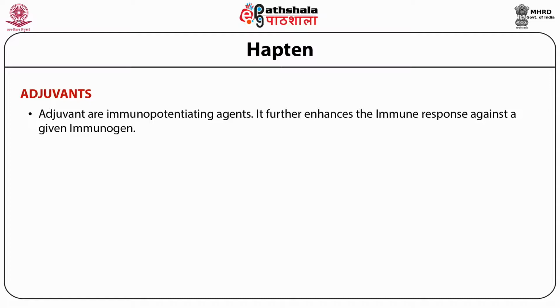Mostly the adjuvants act by 2 or 3 mechanisms. They act as immunopotentiators, thereby releasing the vaccine into the circulation in a very slow manner. And secondly, for a vaccine to be immunogenic, the molecules presenting the antigen should contain some co-stimulator molecules. These co-stimulator molecules are nothing but CD80, CD86, CD40, CD40L.